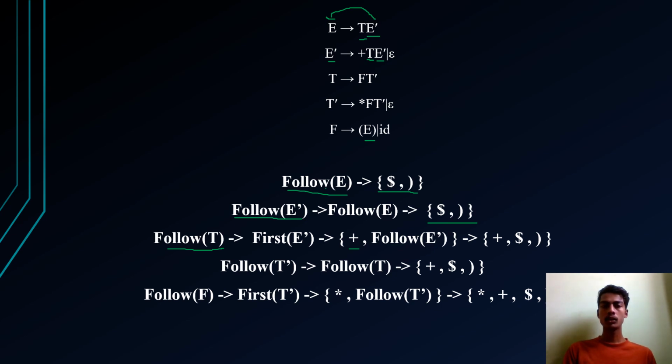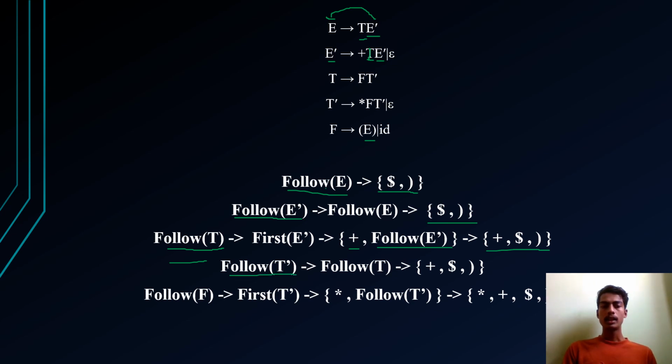In follow we don't have any epsilon, therefore we need to eliminate this. Then we find the follow of E dash. Therefore follow of E dash is the same, that is dollar comma closing parenthesis. Therefore follow of T is plus dollar comma closing parenthesis.